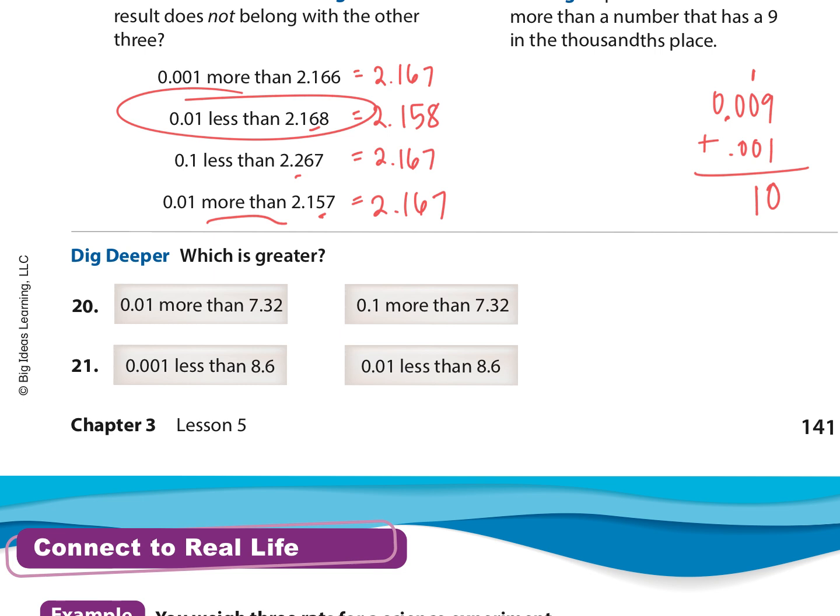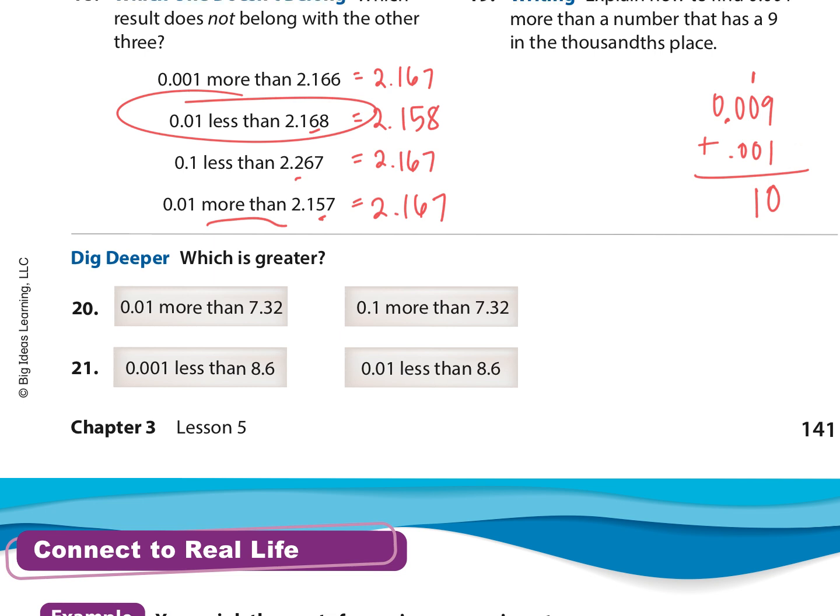Okay, looking at number 20, if I add 100th, this one's going to be 7 and 33 hundredths. 1/10 more is going to make this one 7 and 42 hundredths. So I hope you guys circled the second one.